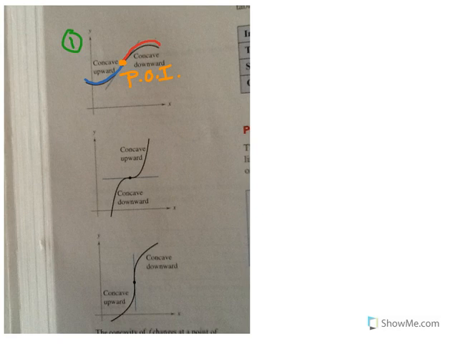So let's take a look at the next picture. Once again, I'm going to go from concave downward to something concave upward, and the place at which they change concavity is right here, and that's my point of inflection. Notice that they also label or draw the tangent line here.